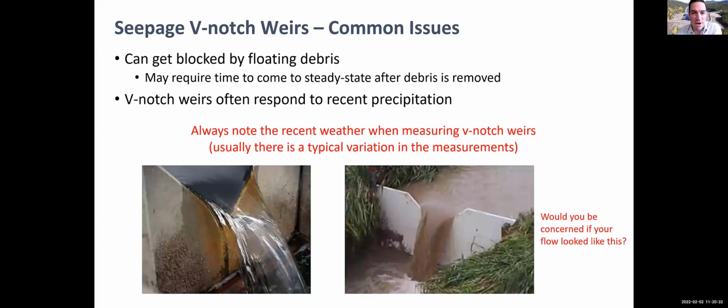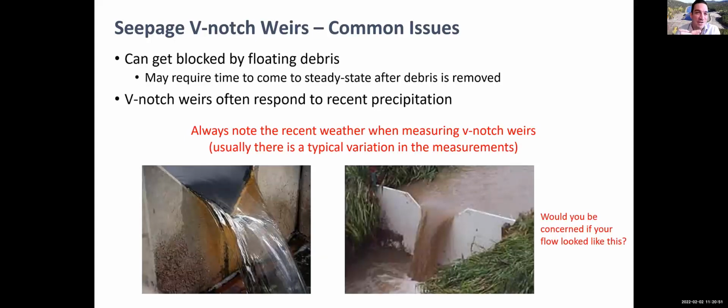Other common issues: we talked about blockage, stuff getting in the V. You have to clear the V first, because you need the vertical measurement to get a representative value. Drains, not so much. You could measure them and clean them after.